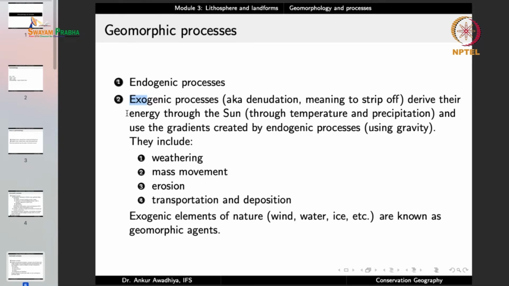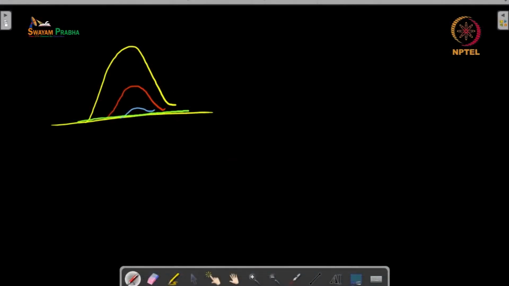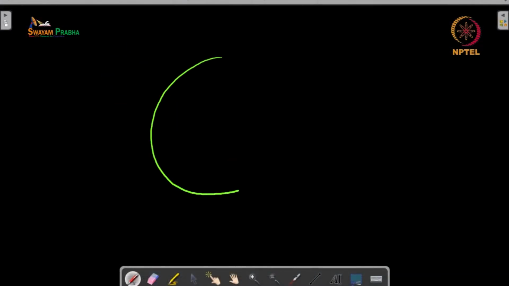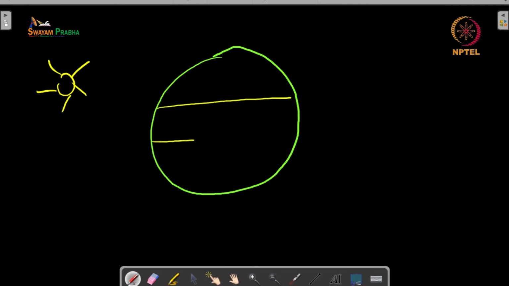So what is happening in the case of exogenic processes? The agents are using the energy of the sun, because the sun is creating a temperature difference. When we talk about the earth, when we have the sun here, the areas near the equator get heated up much more.